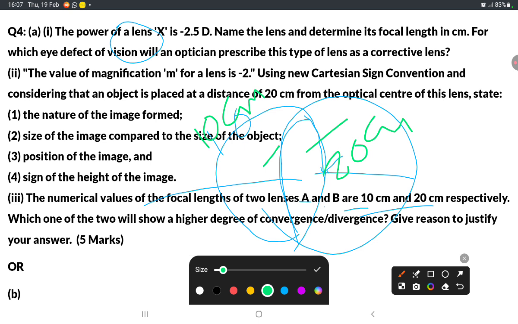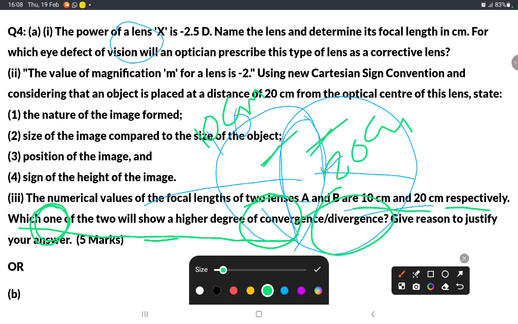Clear? This is one more important point. So 10 centimeter and 20 centimeter respectively. Which one of the two will show a higher degree of convergence or divergence? Because this lens is different and that lens is different, that is why one has a 10 centimeter focal length and one has a 20 centimeter focal length.